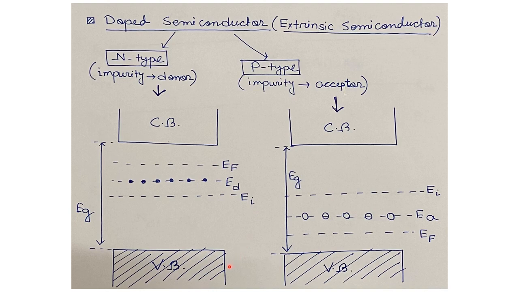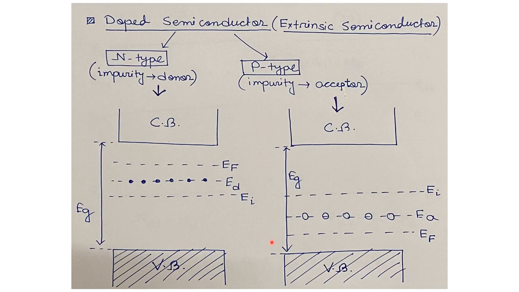Also, some of the electrons from the valence band will jump to the conduction band, and it will leave behind some holes in the valence band. The number of holes produced in this process is very small. Therefore, the Fermi level EF in the n-type semiconductor must lie somewhere near the middle of the donor level and the bottom of the conduction band, that is EC.